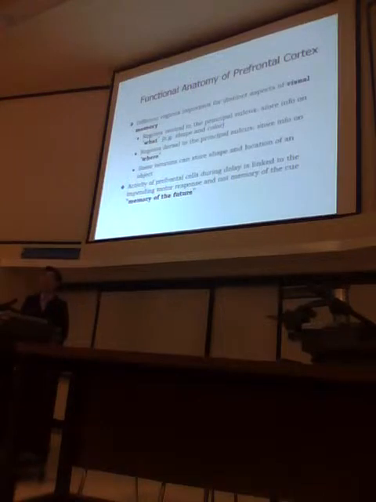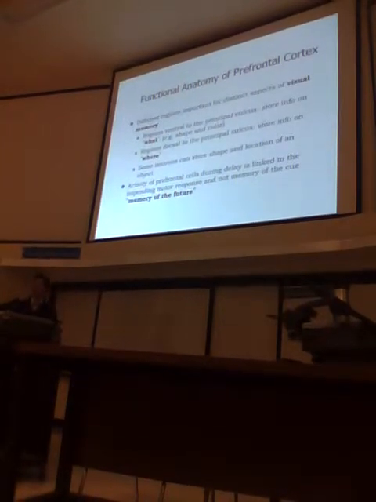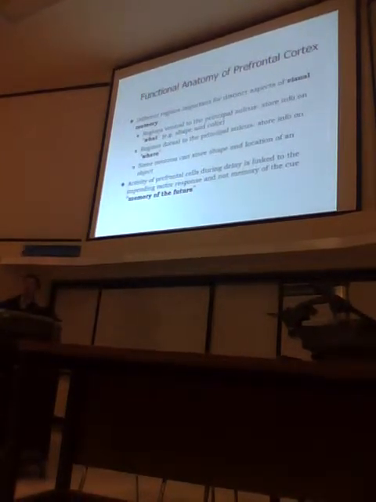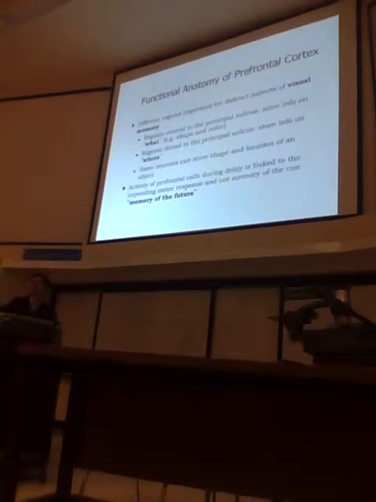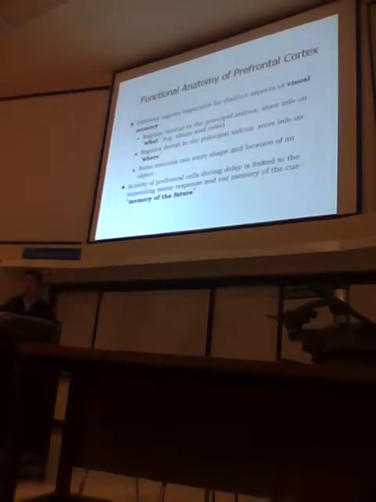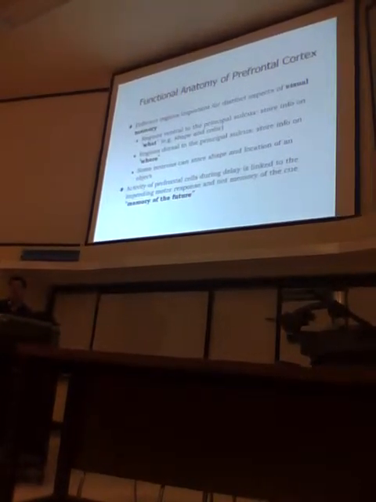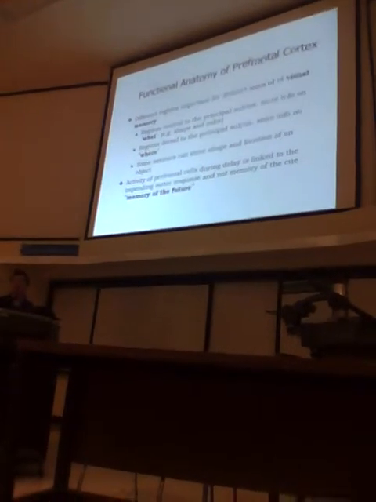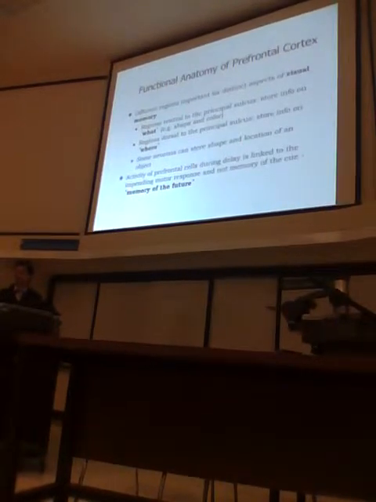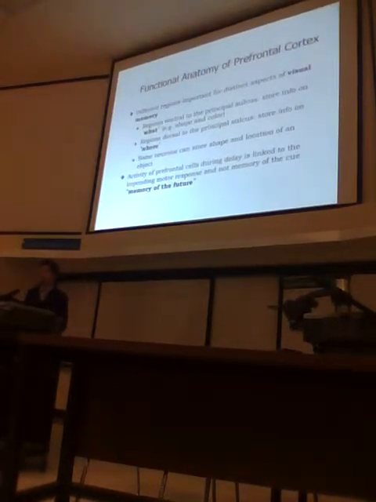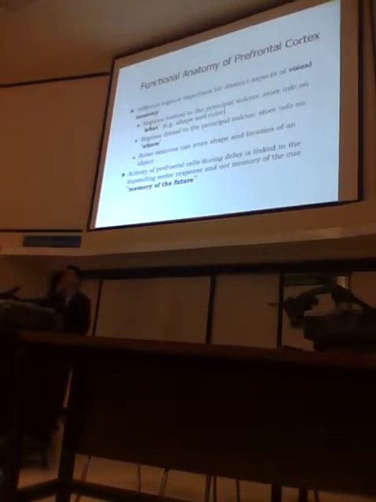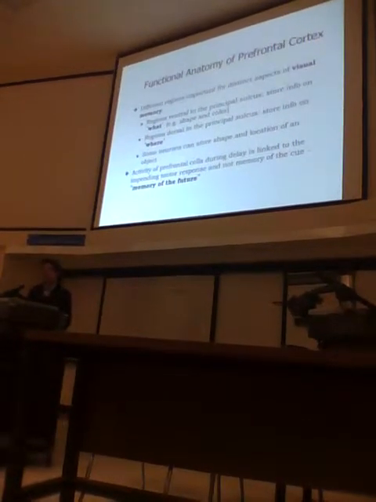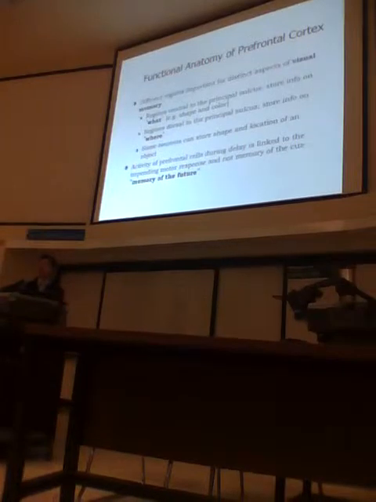Its identity, whether this is a tennis ball or a football. Neurons that are more superior or dorsal to the principal sulcus within the prefrontal cortex tend to encode information on the location of an object, where an object is. And there are, of course, many other neurons that seem to do both.